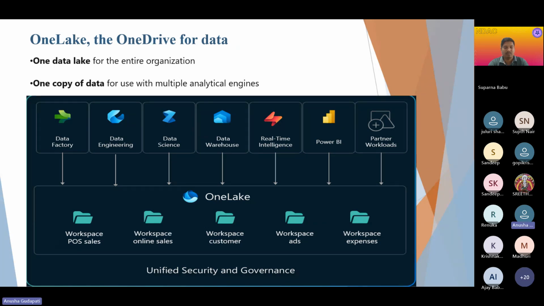Think about the previous scenarios. What used to happen? You used to do all your hard work to create that 1 gold copy, that is 1 final warehouse. Let's say that you kept that gold copy on Azure Synapse or an Azure SQL or a Cosmos DB. Then you go to Power BI, and of course, Power BI works best with import mode. So what does that mean?